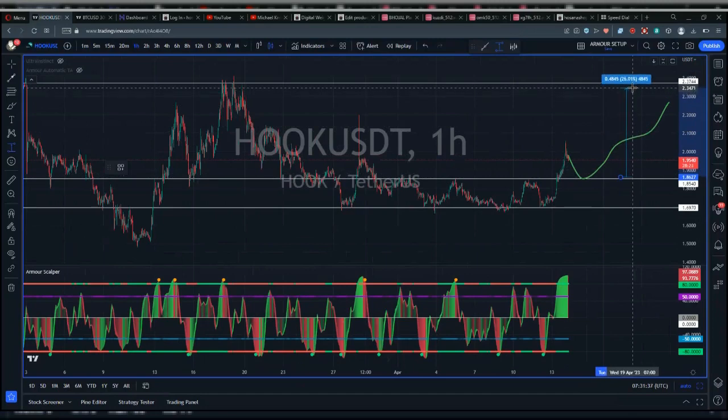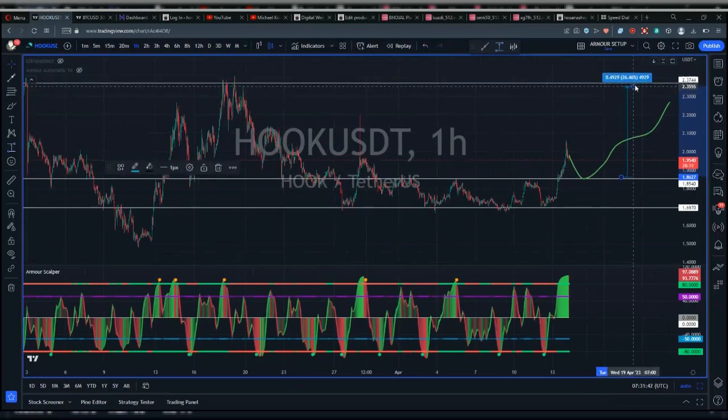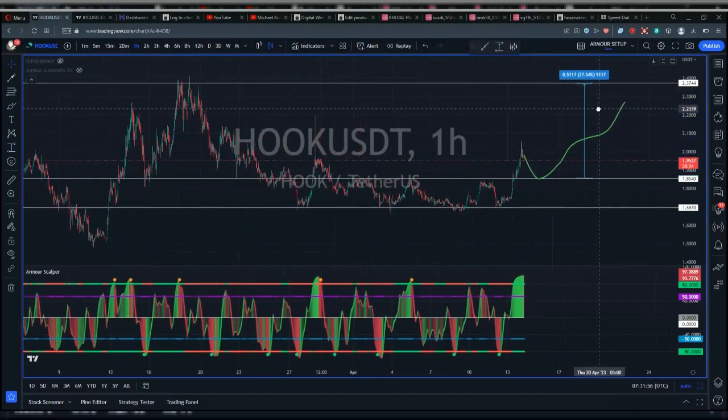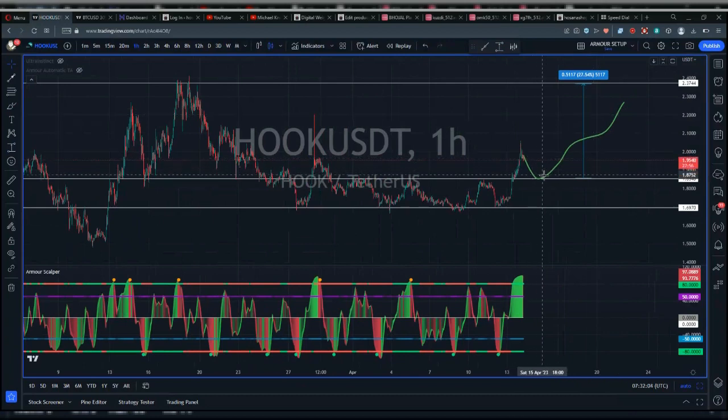So you are expecting 25, 26%. So you can expect 130% profit with 5x, and you can expect like 80-90% profit with 3x in just a very short time. Just wait for it to cool off and then boom up.